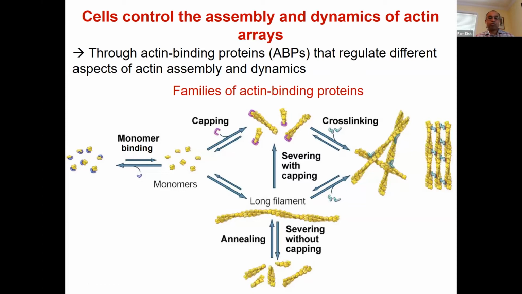Very important, for example, in muscles. You don't want actin filaments in your sarcomeres of the muscles to be growing and shrinking. That would cause all kinds of problems for muscle contraction. So you fix the filament length using capping proteins. There are other proteins that will cross-link actin filaments in a variety of configurations into very tightly spaced linear arrangements or more net-like arrangements.